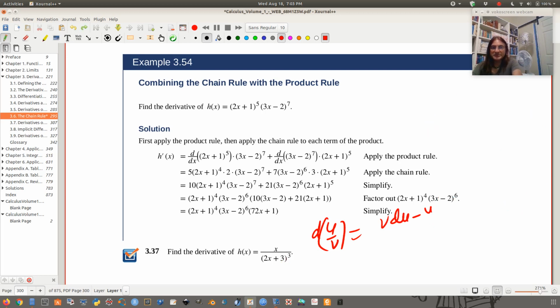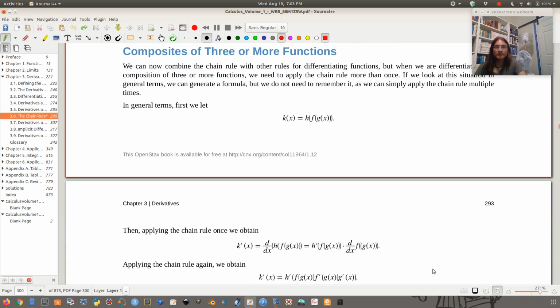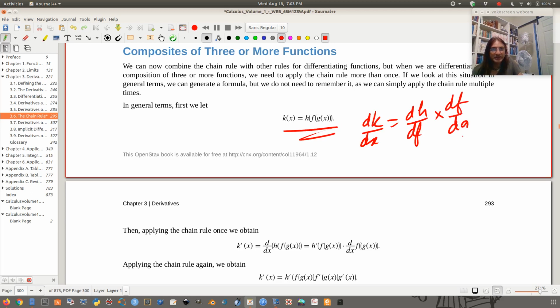Okay, so I keep saying it, practice a lot of chain rule problems. What if you have 3 functions? Very similar. It becomes dk over dx is dh over df, df over dg, dg over dx.